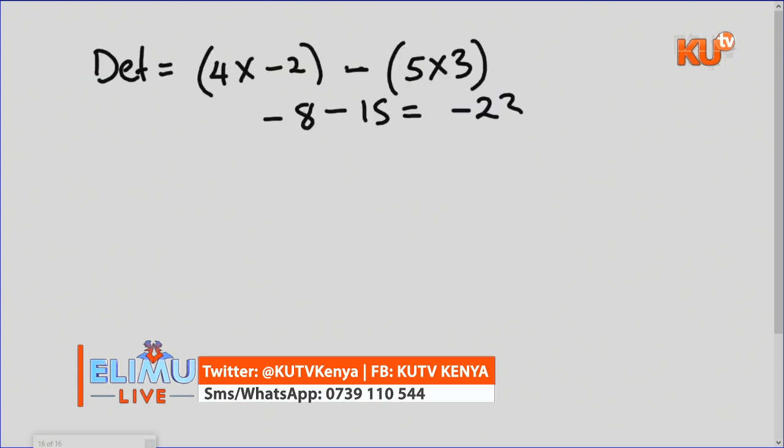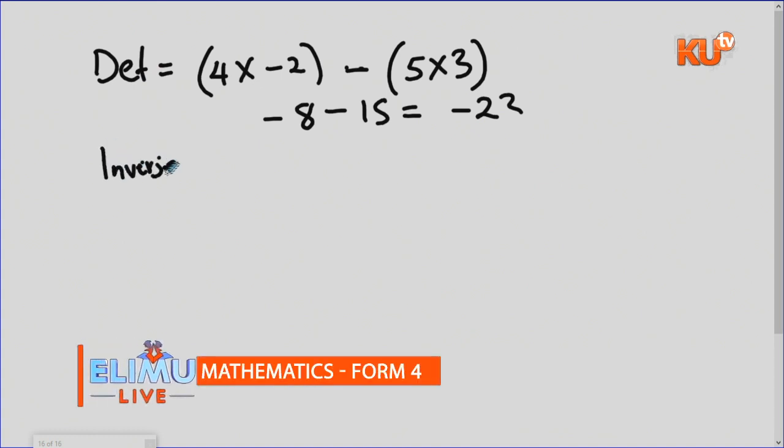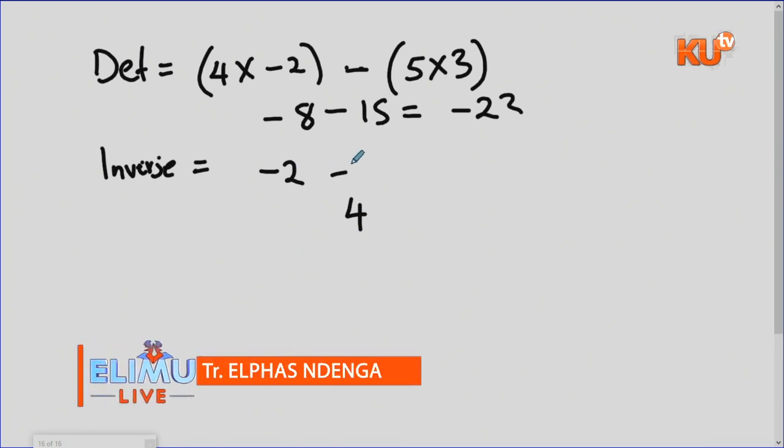Then we have said number 2, we get the inverse. So how do we get our inverse? We interchange the elements in the leading diagonal. So we have negative 2 coming to the position of 4, and 4 taking the position of negative 2. Then we change the signs of elements in the other diagonal, negative 3 and negative 5.